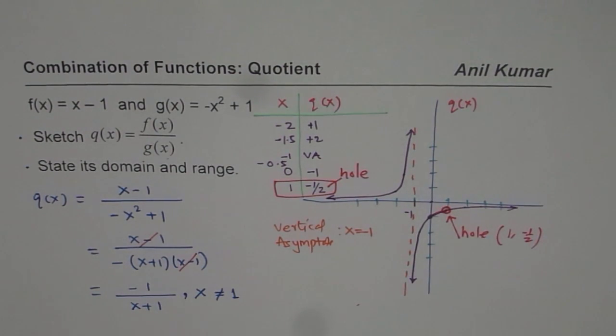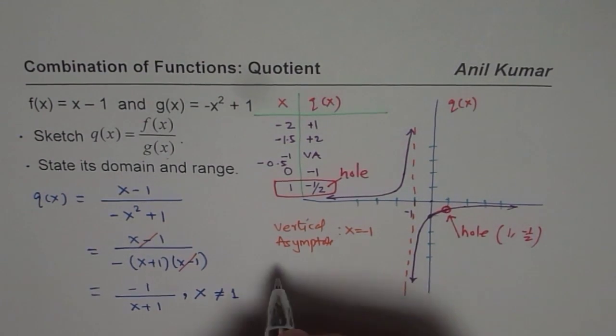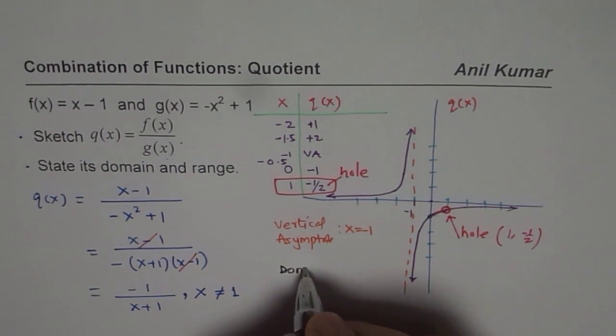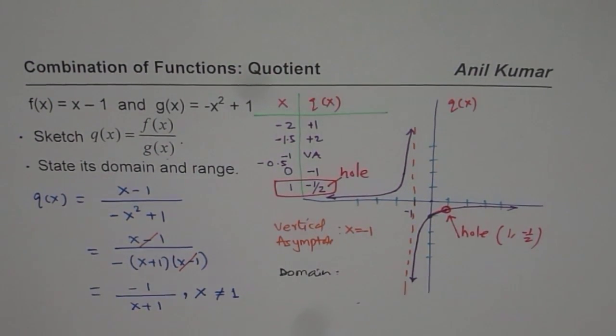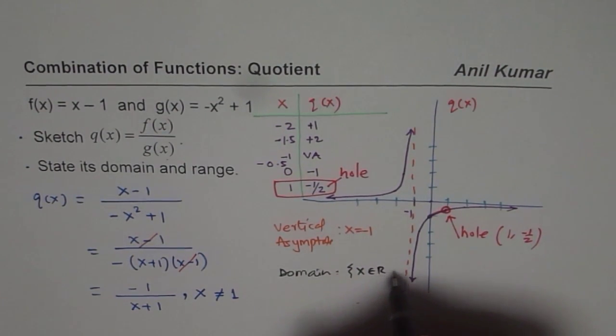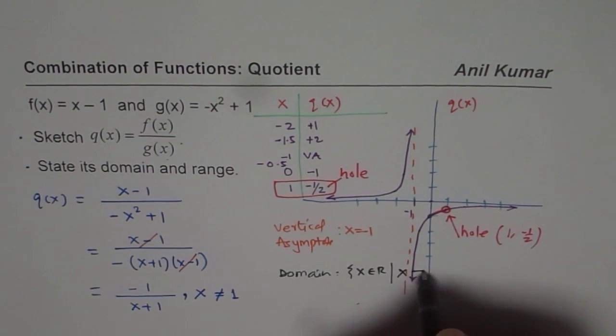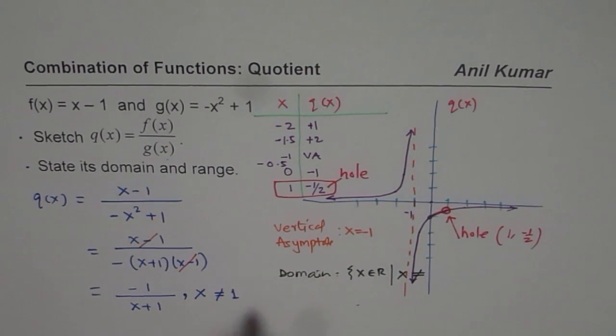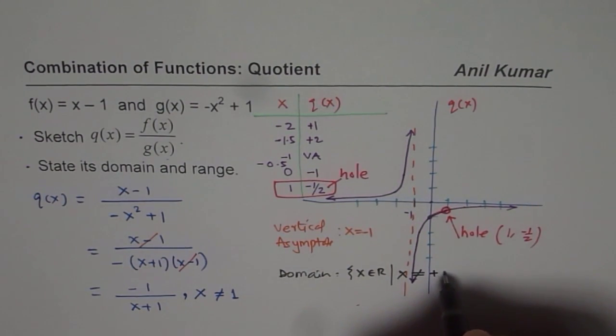Now let us write down domain and range for the function, right? Now as you can see, domain is all real numbers. We have domain as x belongs to real numbers, where x is not equal to, there are two restrictions, plus 1 and minus 1, right?